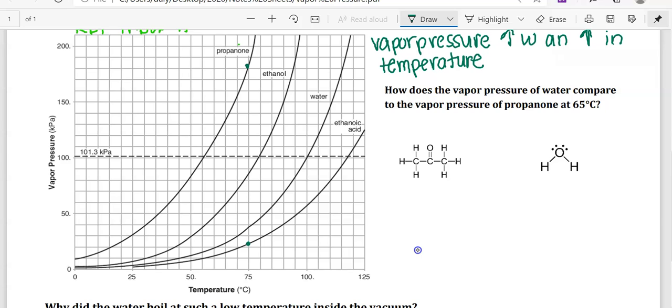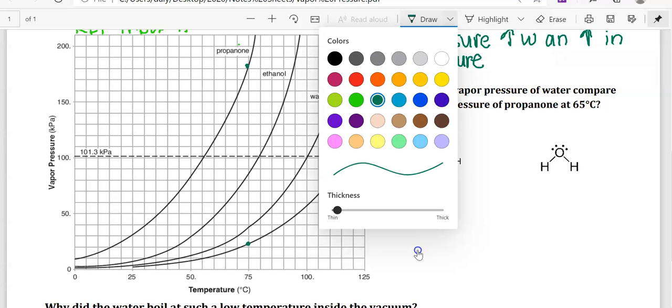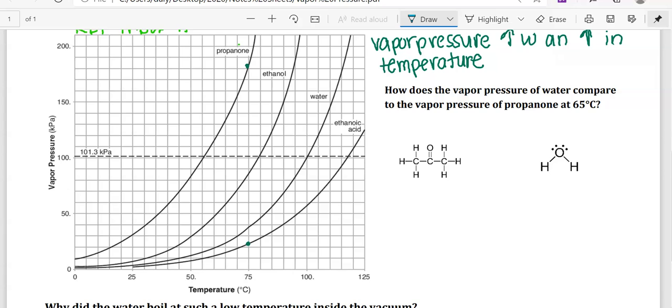It has everything to do with structure. But first, before I get into the structure, I'm skipping ahead of myself. How does the vapor pressure of water compare to the vapor pressure of propanone at 65 degrees? At 65 degrees, water has a vapor pressure of about 22 kPa, or kilopascals.